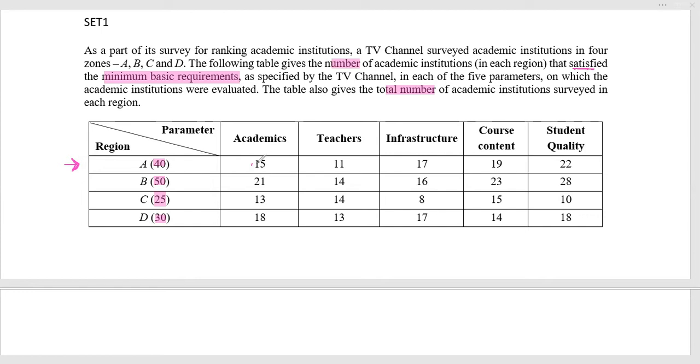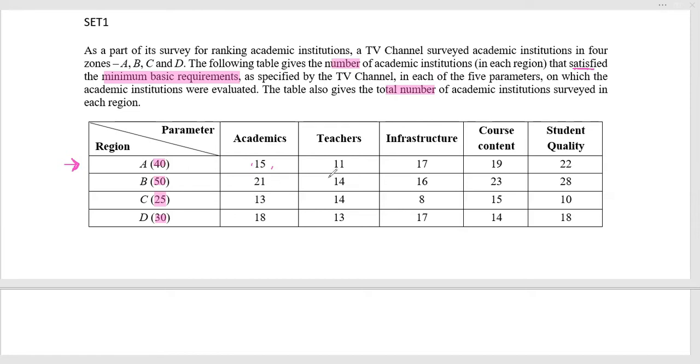So 15 chocolates are distributed among 15 students out of a total of 40. Then for the teachers' criteria fulfilled, 11 chocolates would be distributed again. And whenever we are distributing that, there is a chance that some of them overlap with these 15, and a chance that some of them do not overlap.